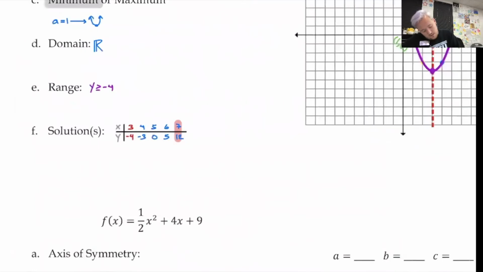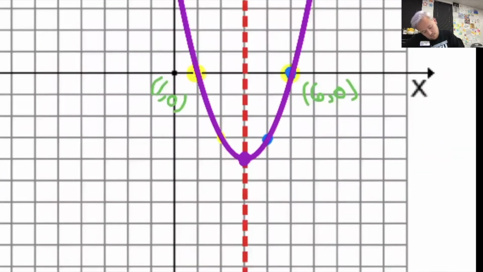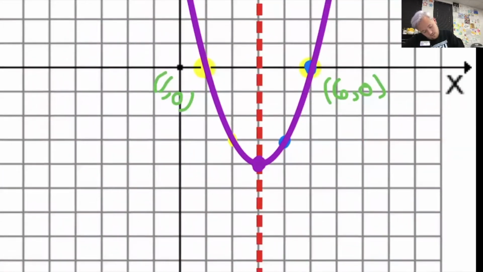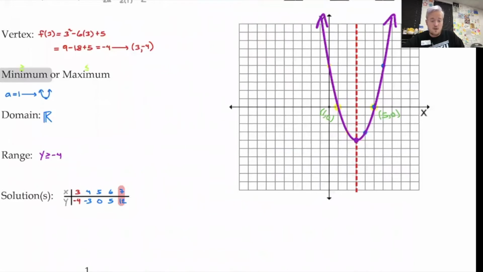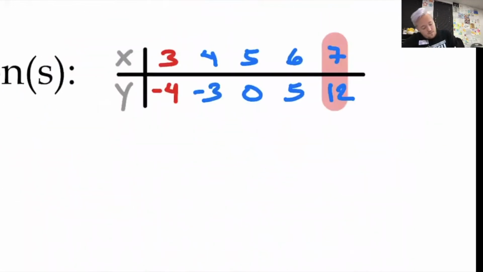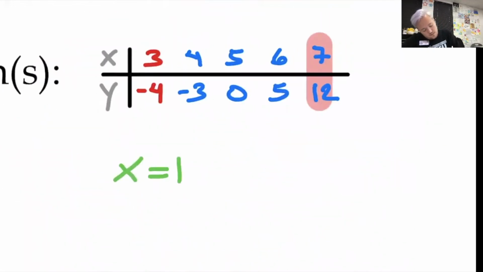I can't count, that's not 6, that's 5. It's fine, I only teach math. All right, so your solutions here, you're gonna have x equals 1, 5. So these are your solutions.